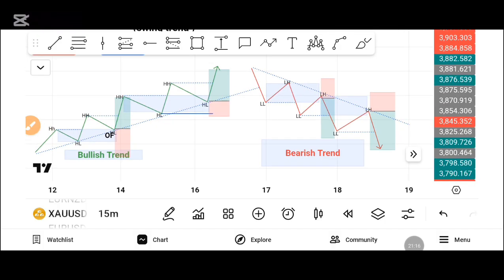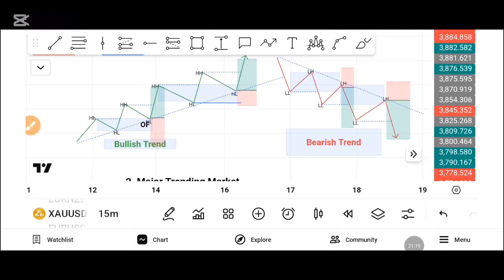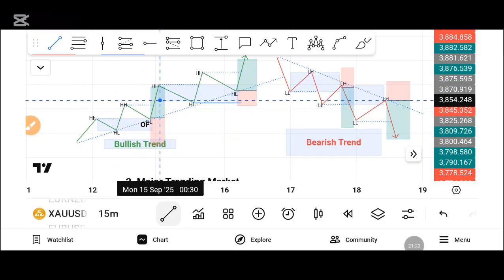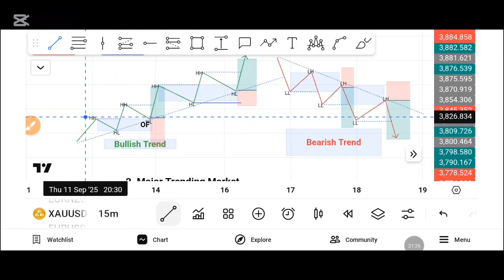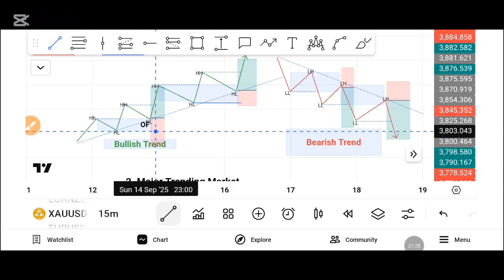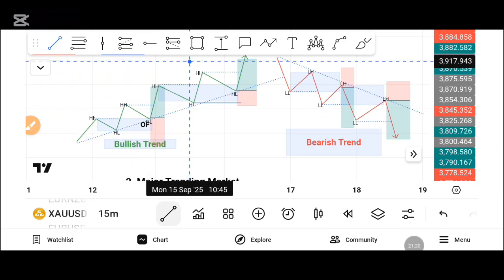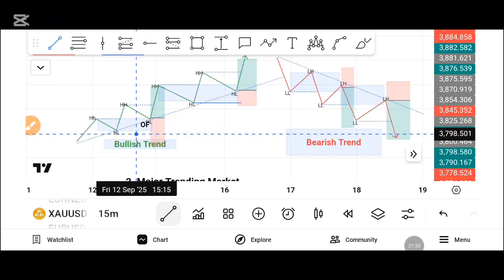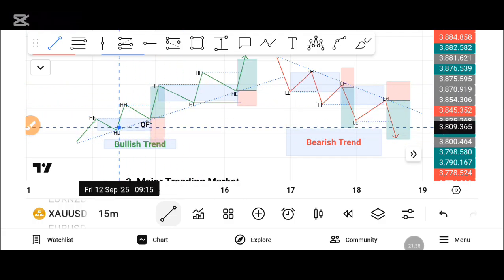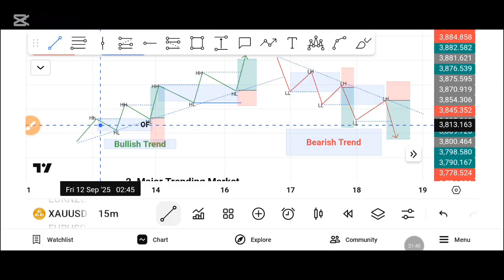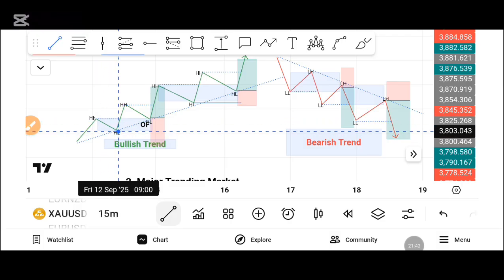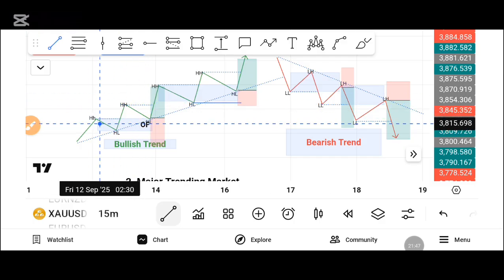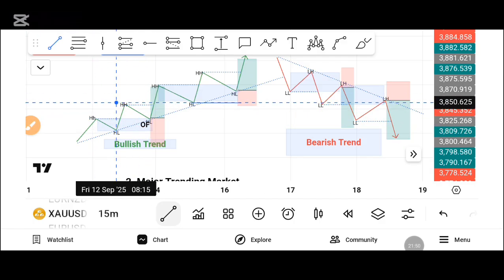Alright, so in a recap before we go to the next part, in a bullish trend where we are having high high, high low, high high, high low, high high, high low, high high, high low, high high, you want to be buying. Just following this particular swing, you want to buy from here, and this retracement, buy from here, break this high again, retracement back to this zone, buy from here again to break this high.